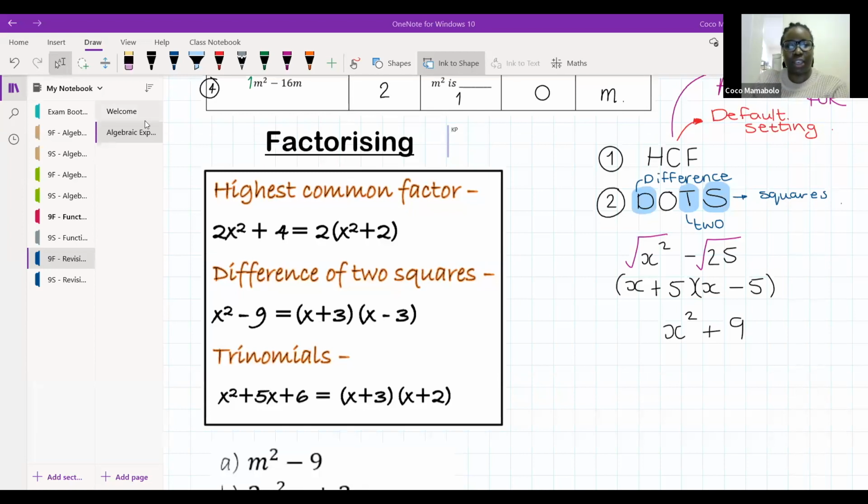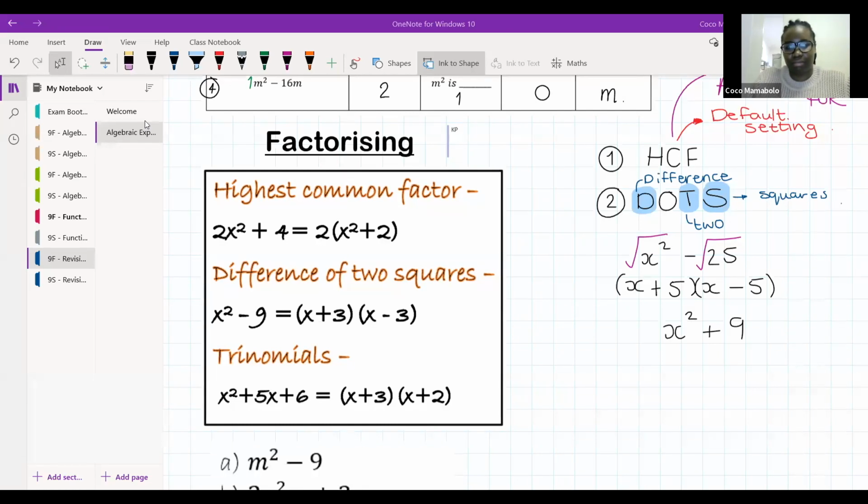Ashley, what do you say? Can I factorize this? Is this DOTS? Bukang, what do you think? Ma'am, we apply two brackets. No, no two brackets. Unfortunately not. Amahle, what do you say?